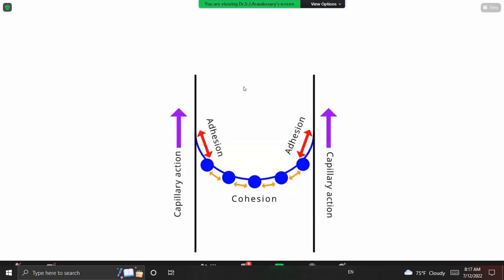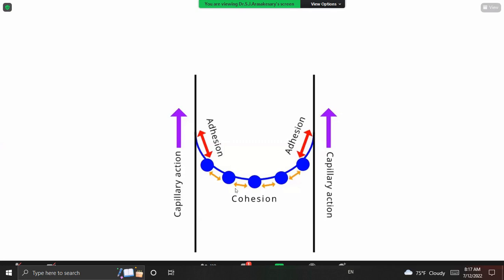So this is a capillary tube, a tube-like structure. Example, the xylem. Okay, this is capillary action, how it goes up.